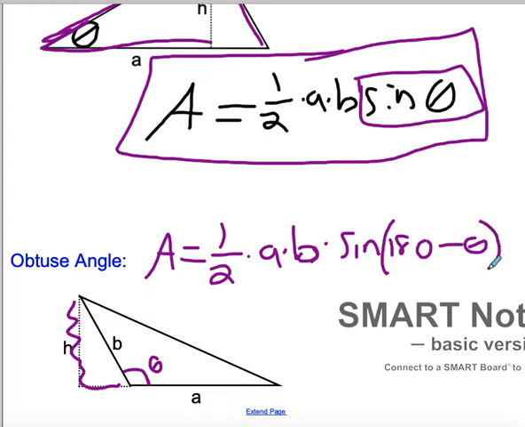So let's say this is 120. You do 180 minus 120, which would be 60, so it would be sine of 60 in here. That's the only thing different with the area of an obtuse triangle: you have to do 180 minus that value. Any questions on that?